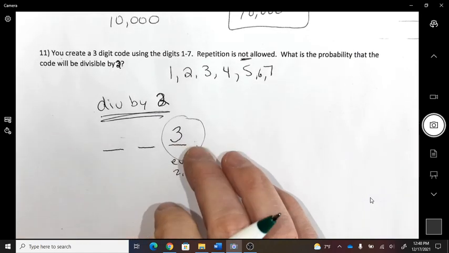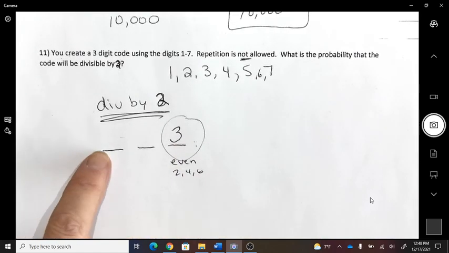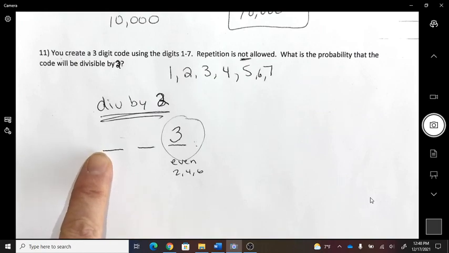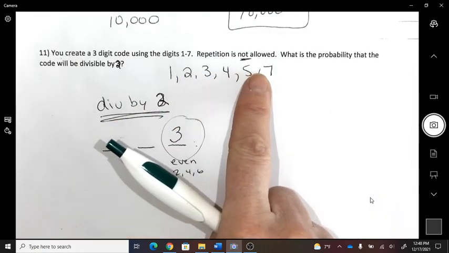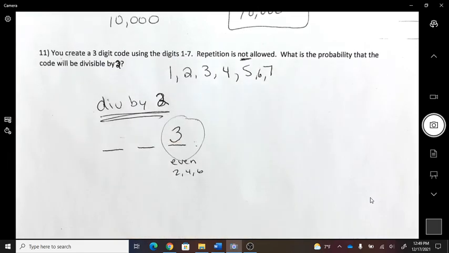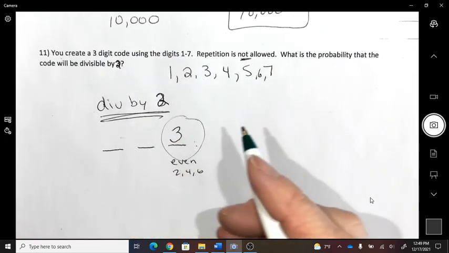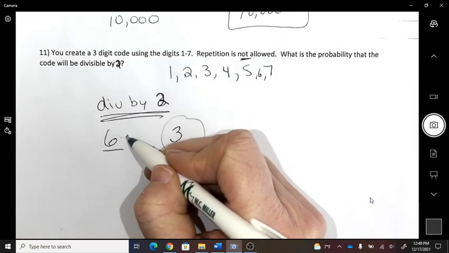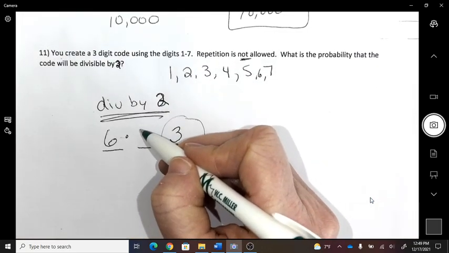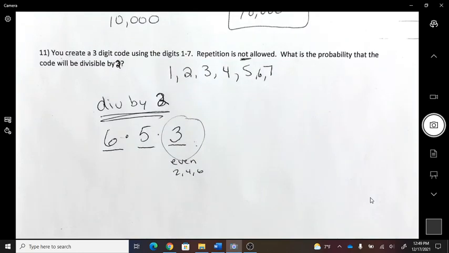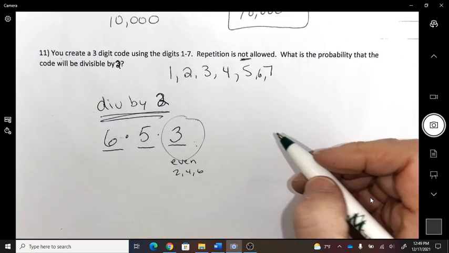So if I had put something there, how many options will I have in my first position? 4. Or, wait. If I put one thing there, oh, so now I only have 6 options here and 5 options there. Okay. Maybe that was a little confusing.